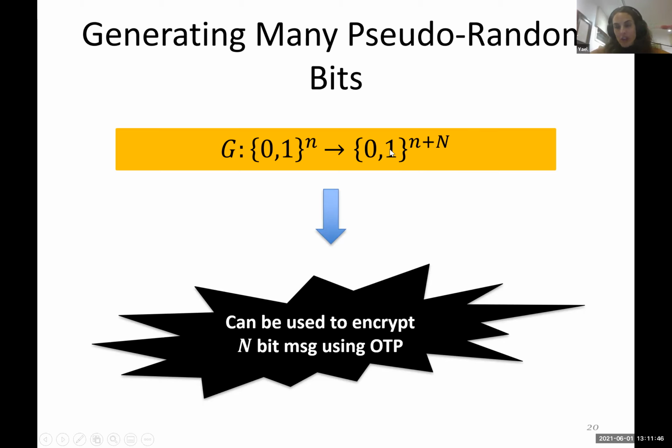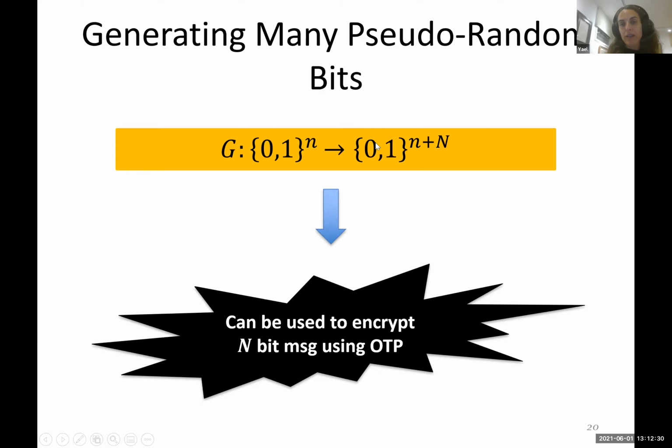We'll just stretch our little n bit random string to many more bits, which we can then use as a one-time pad. So if G takes only small n and generates big N random bits, then we can use these big N random bits as a one-time pad to encrypt big N bit messages.